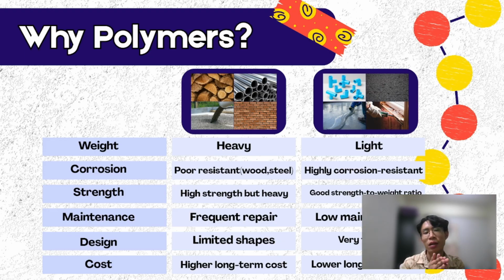For weight, the traditional materials are much heavier than polymer-based materials. For corrosion resistance, polymer-based materials perform better than traditional materials, and the strength of the polymers is also better than that of traditional materials.